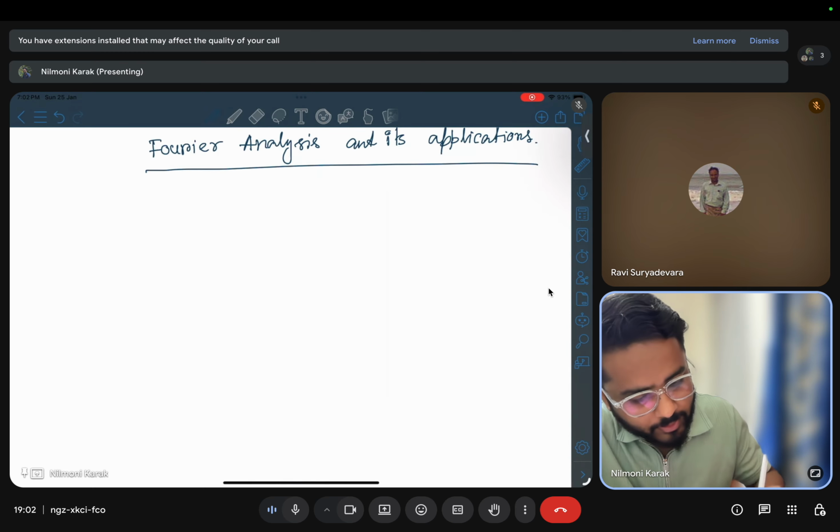Here f is a 2 pi periodic function from R to R, and it is piecewise continuous.